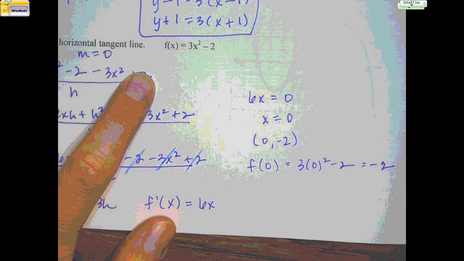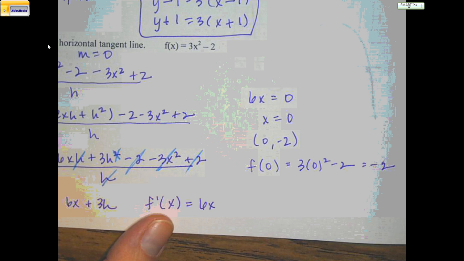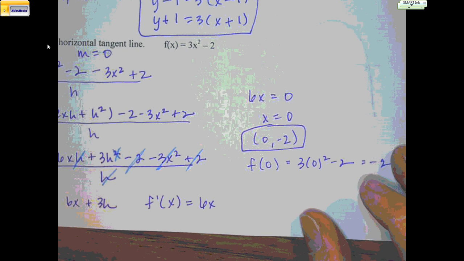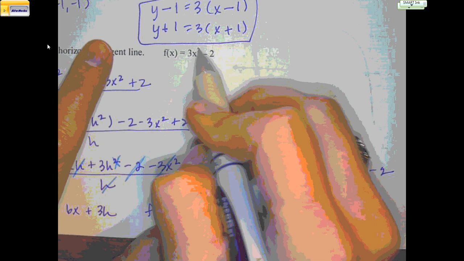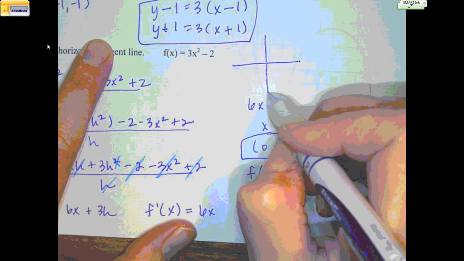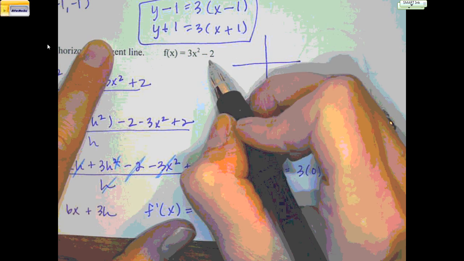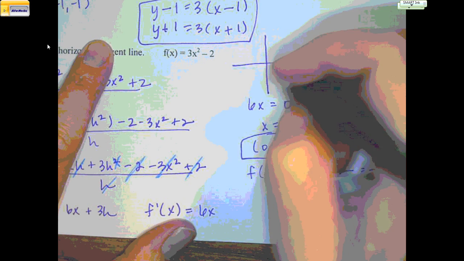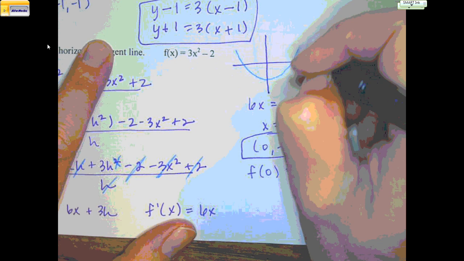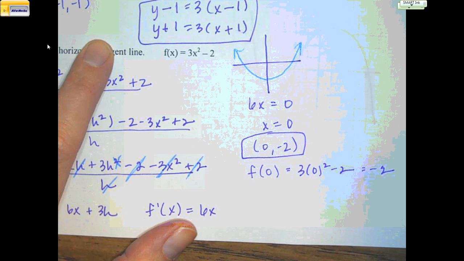Now, was there any way we probably knew that answer before we even started? Yeah. You knew it was a parabola. You also knew that we scooted 2 units down, and then it's a little bit wider or skinnier or something. Not that it really matters, because we're only concerned with tangent lines.